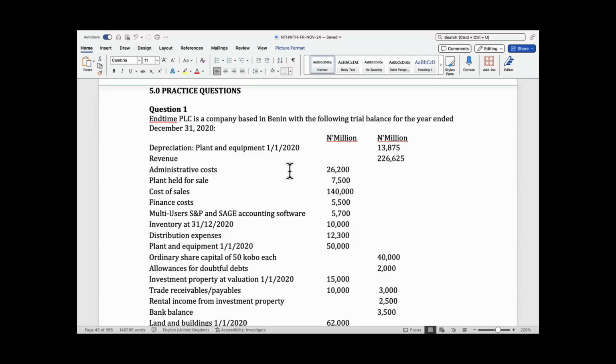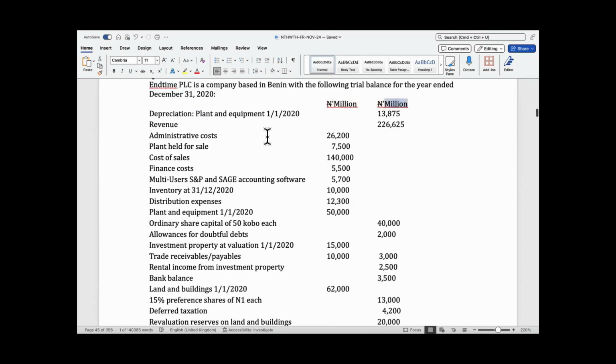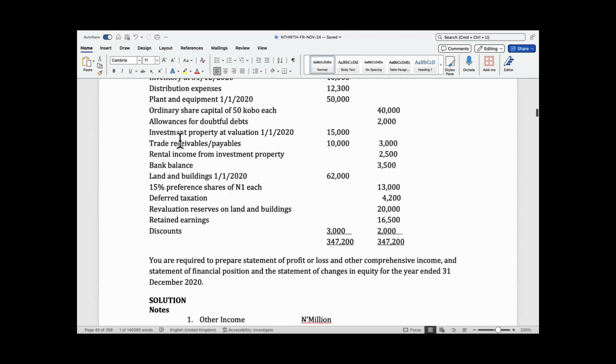Okay. So in this question called End Time, that's the name of the company, they gave us a trial balance for the year ended December 2020. They gave us the currency, and the level of rounding off here is millions. So these are the items given to us.